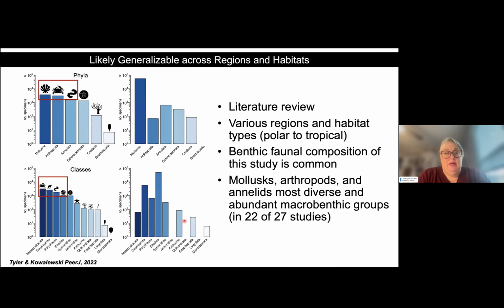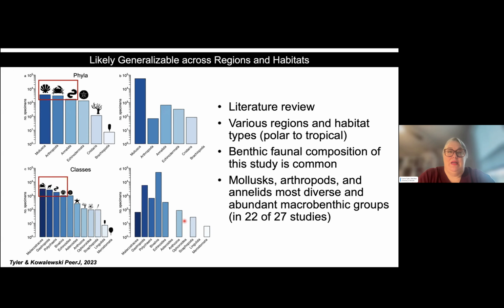So this is one case study. But I also looked at a survey of the literature and modern studies of functional diversity from, again, benthic macroinvertebrates, which is what we were looking at. I looked at every paper I could find from every different type of environment, from polar environments all the way to tropical, and looked at the faunal composition of their studies.